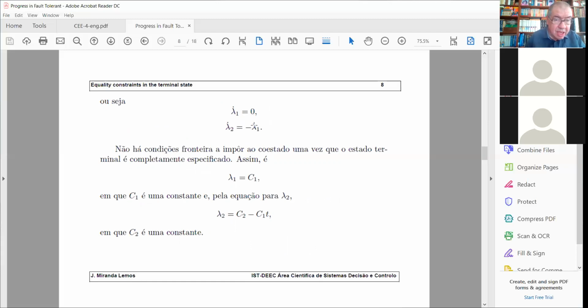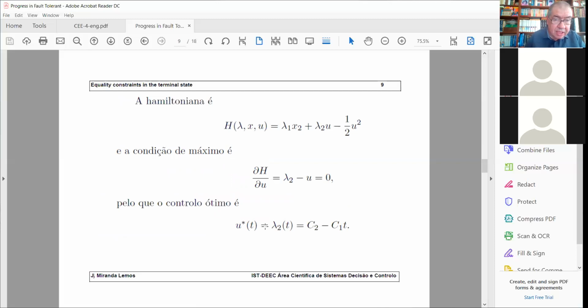So this means that lambda 1 has a 0 derivative, so lambda 1 is a constant. Let's call it C1. Now plug C1 in the equation for lambda 2, and if the derivative is a constant minus C1, then the function is C2 minus C1t, because we have this minus sign here, plus some other constant. So lambda 1 and lambda 2 are given by these expressions, and we don't have any condition to compute C1 and C2.